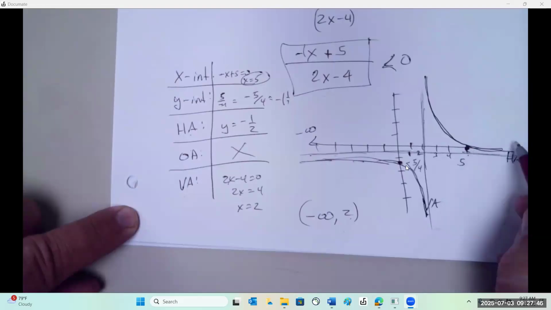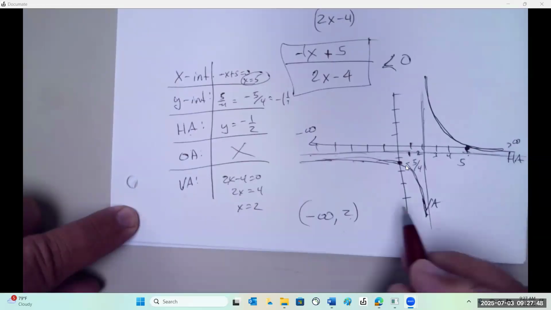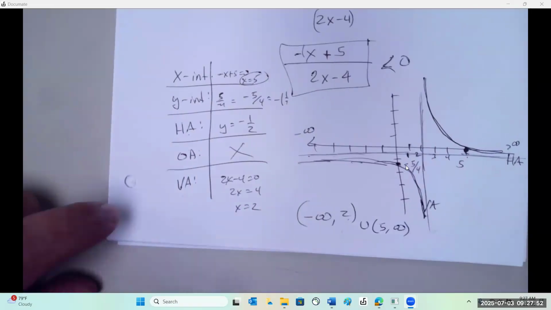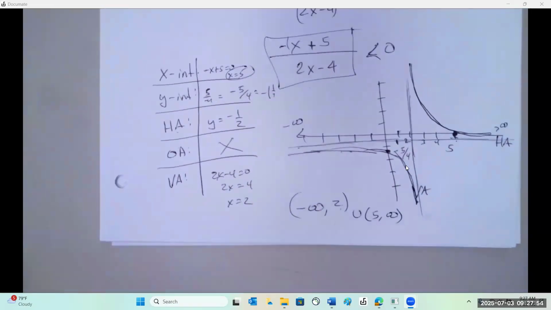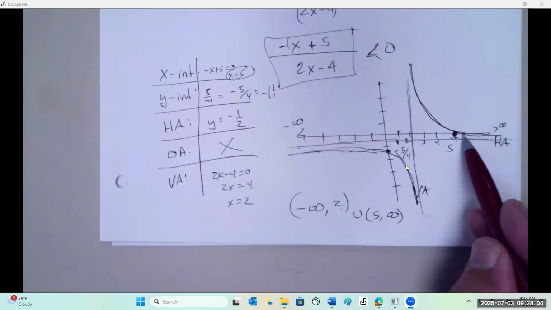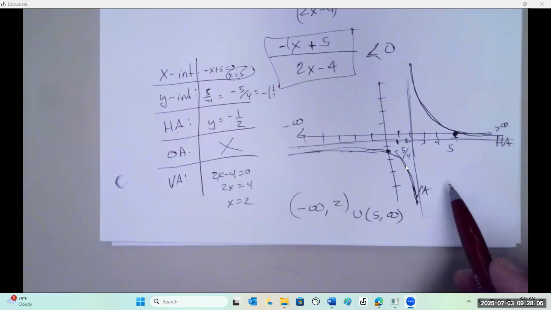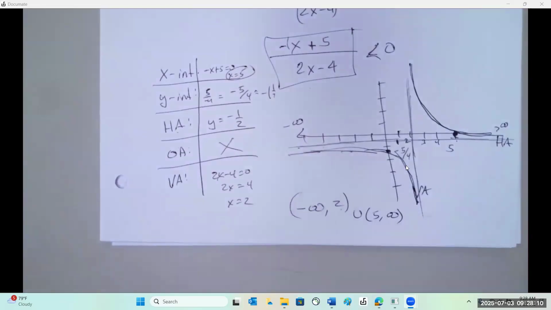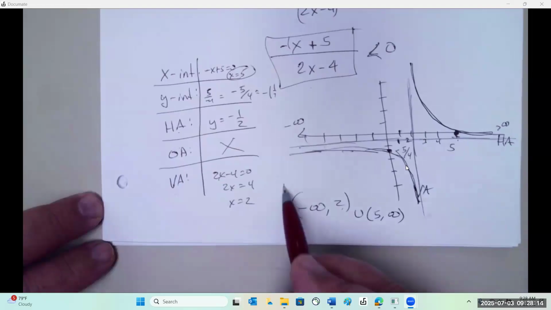So from 5 to infinity is also below the x-axis. Remember, x-intercepts is where it is on the x-axis. In this case, anything to the right of it is below the x-axis. Anything to the left of it is up above. So that's my solution to this set.